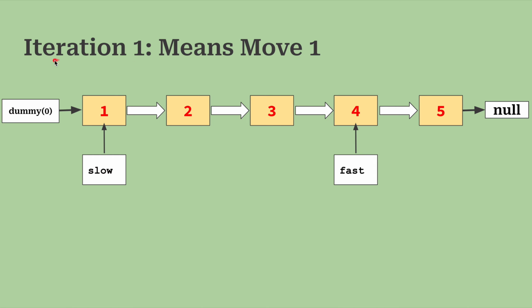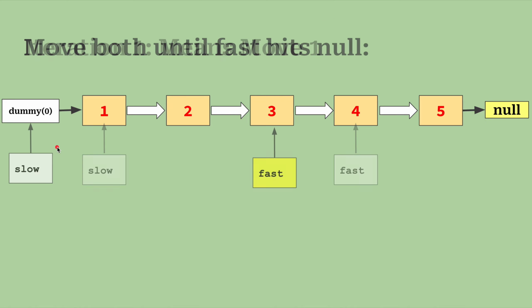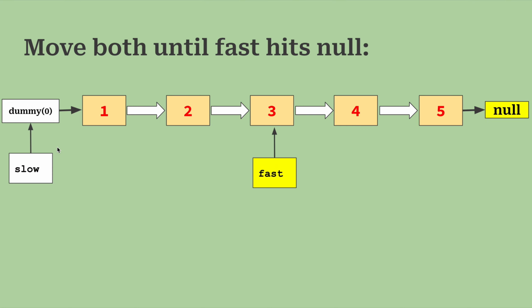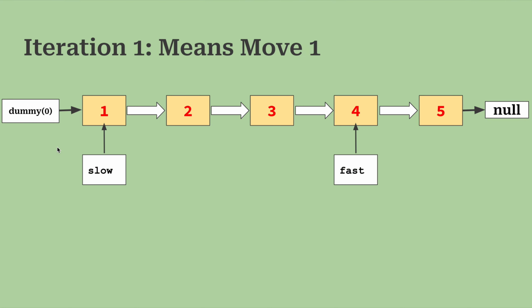So when iteration 1 happens, it means move 1 you will do. Slow was where? At dummy, and fast was where? At 3. So the first move will make one step ahead. Slow will reach 1, and fast will move from 3 to 4, right?